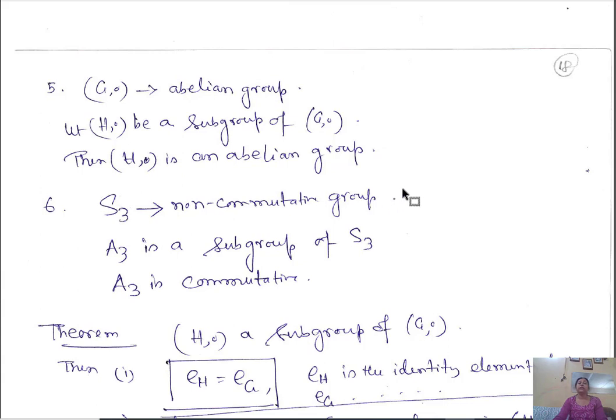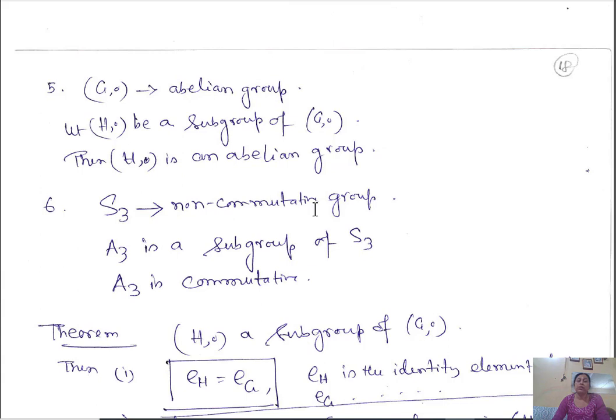S3 has 6 elements, and A3 has 3 elements, the even permutations. So here, this is interesting in the sense that S3 is a non-commutative, non-abelian group, but it has a subgroup which is abelian. A3 is a subgroup of S3 which is abelian.